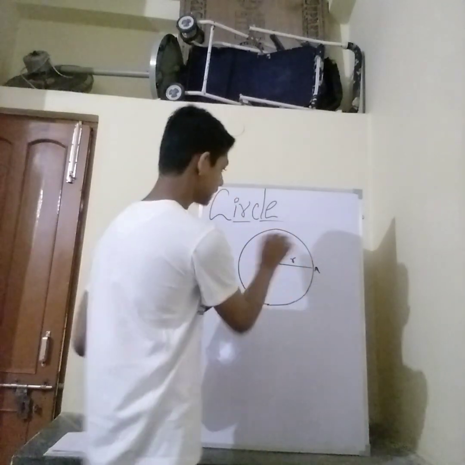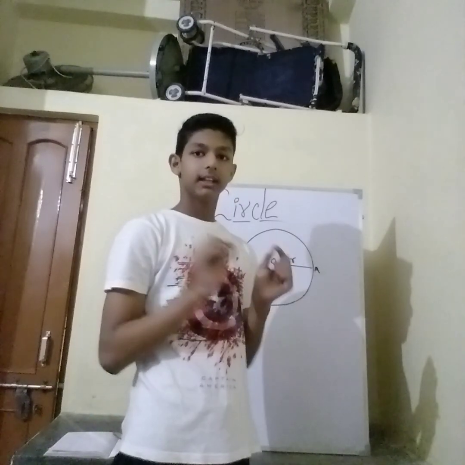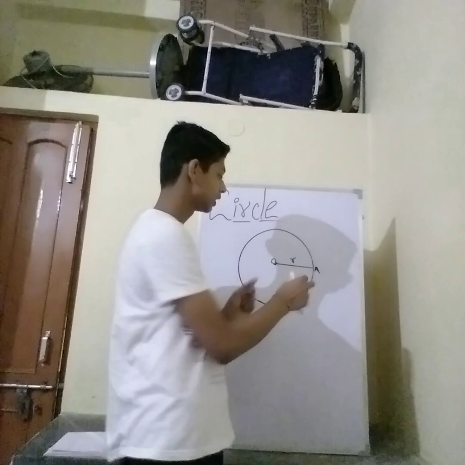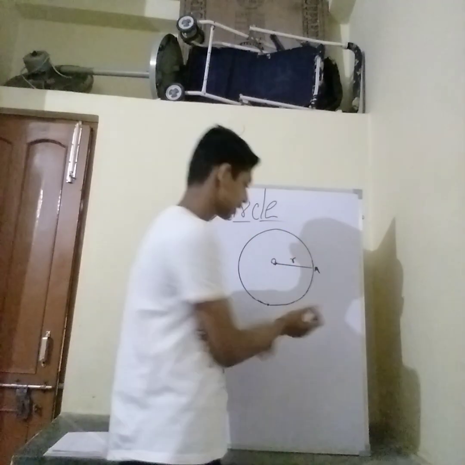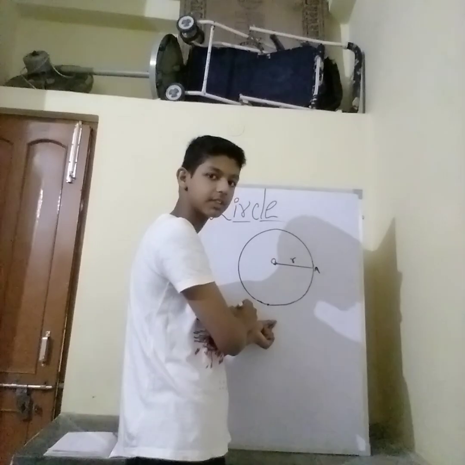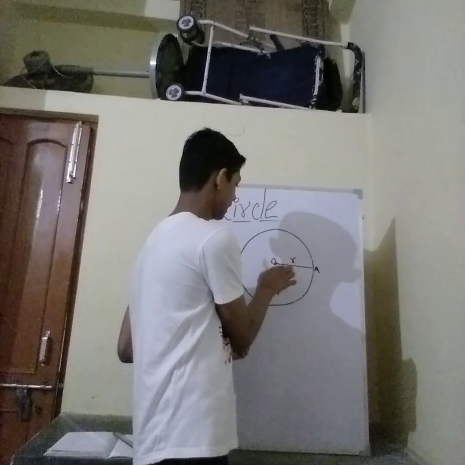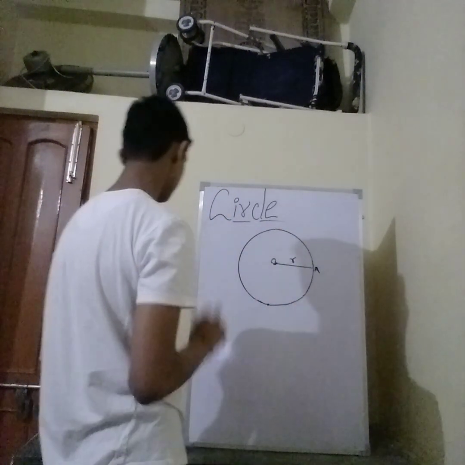Means all points inside the circle and on the circle are the interior of the circle, and all points outside the circumference of the circle are the exterior of the circle.